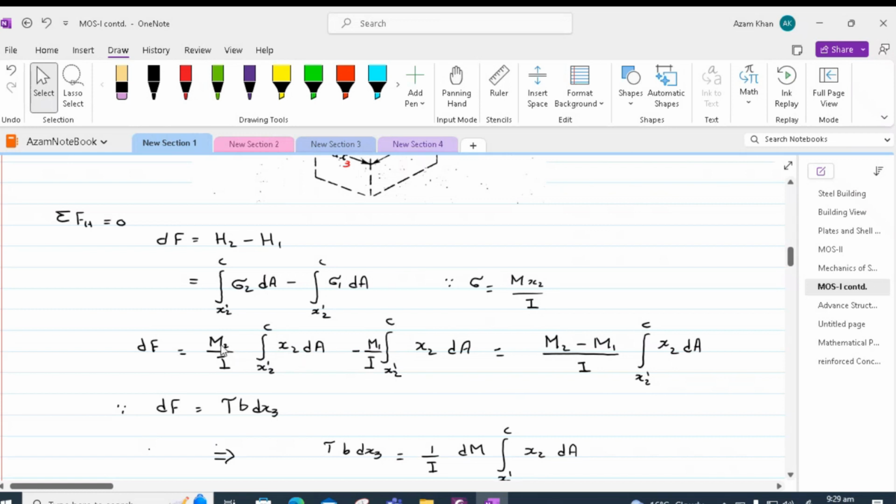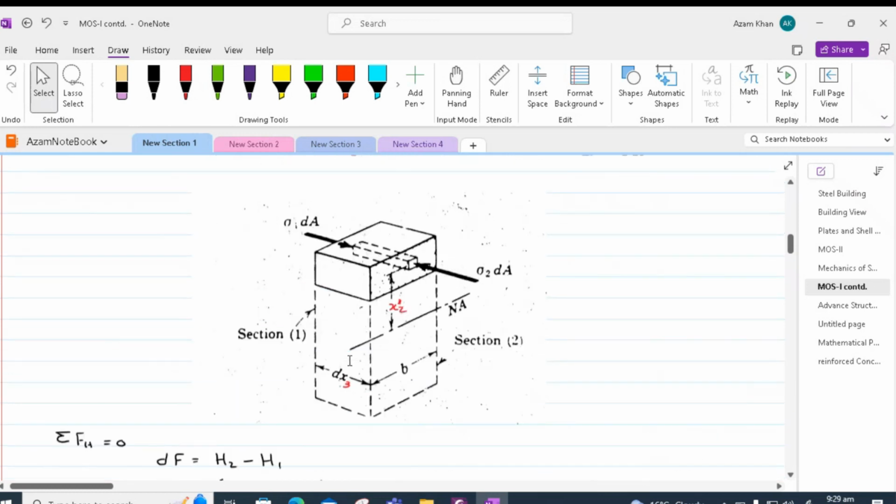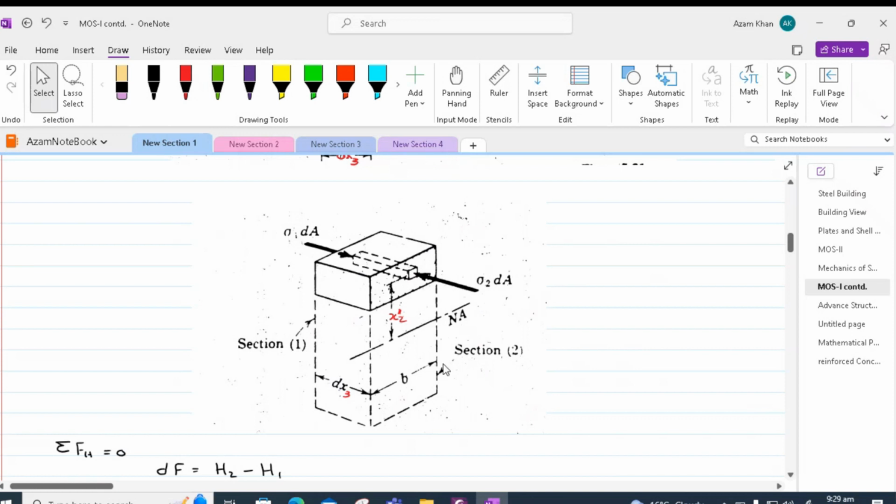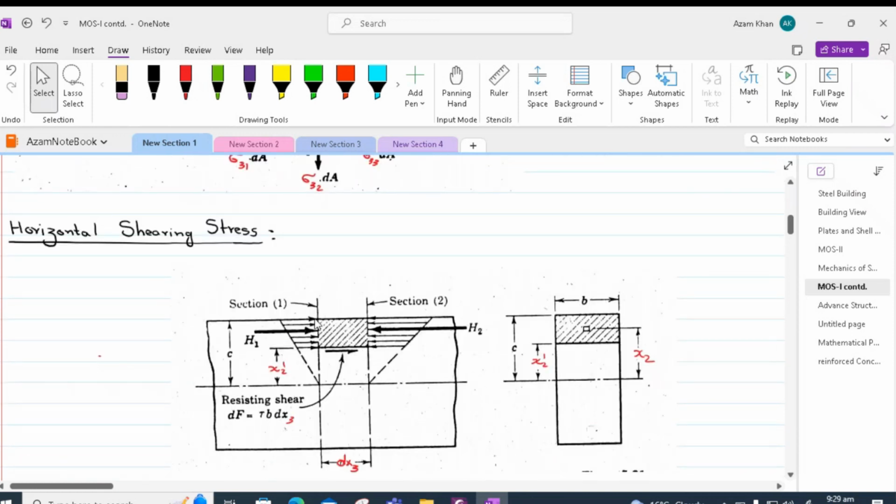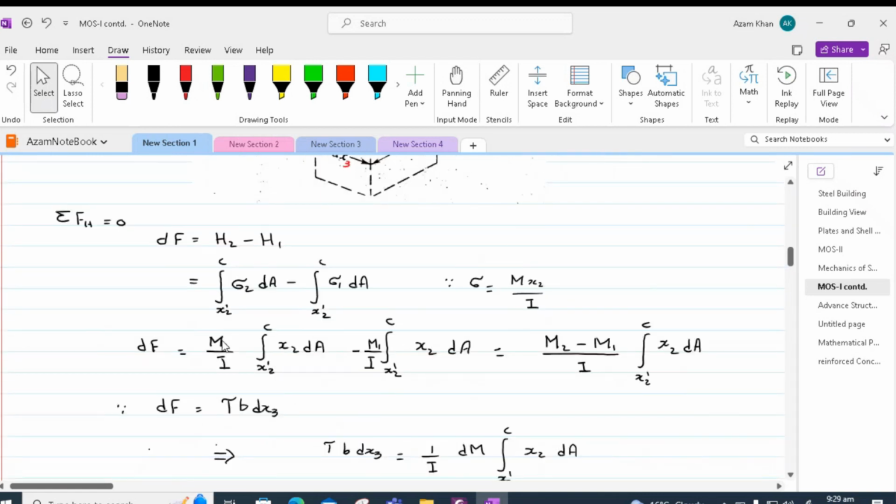Now, we can bring the moment M2 and I outside this integral. This is because M2 and I both are constant corresponding to the area of the section. So at these sections, we have a unique moment, and the moment of inertia is unique for the whole length. Therefore, we can bring the moment and moment of inertia outside the integral.